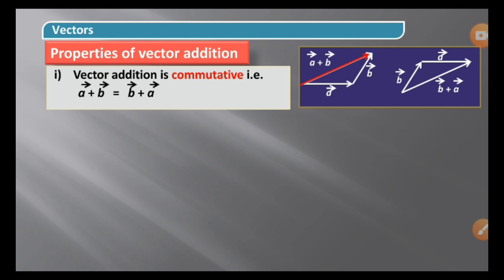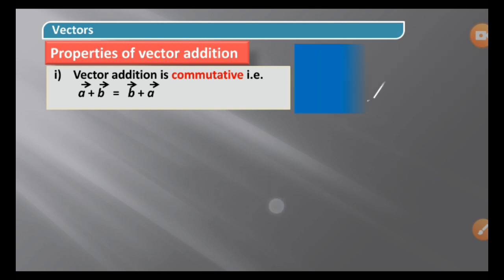Now we will go for the second property. Consider two vectors a and b, and also another vector c. The resultant of vectors a and b will be a plus b, in addition with the vector c, so the resultant will be a plus b plus c.